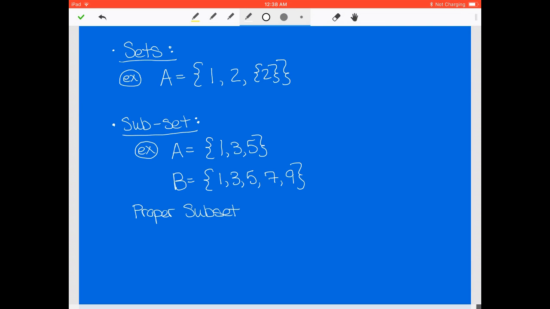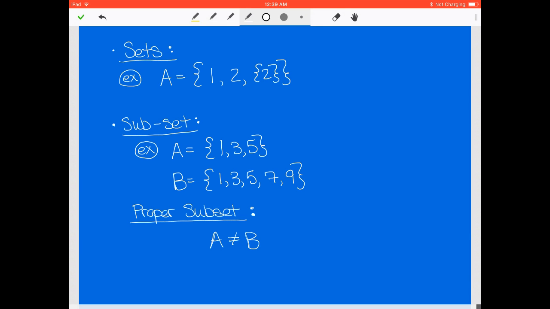If we're looking at the above examples, we have the set A and the set B. We would say set A is a proper subset of B because A does not equal B. In B, we have the elements 7 and 9. They're not in A, but A does have 1, 3, and 5, which are elements of B.